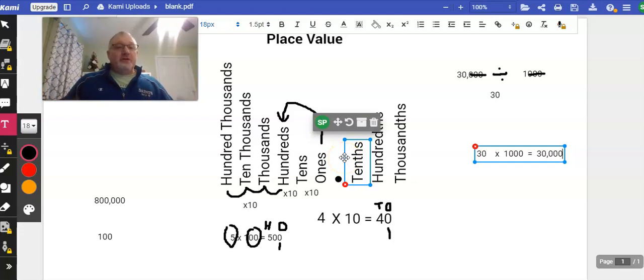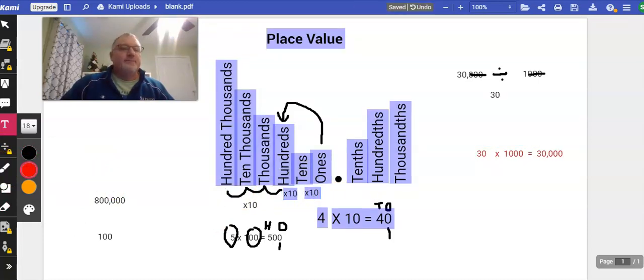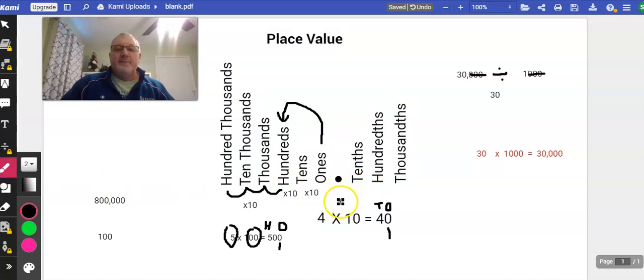So the goal for today, in our lesson here today, is for us to understand that when we're going from one place to the next, we're multiplying by 10 or dividing by 10 if we're taking away, moving the decimal. As we move this way, we're adding zeros, but if we're moving this way, we're taking zeros away, okay?